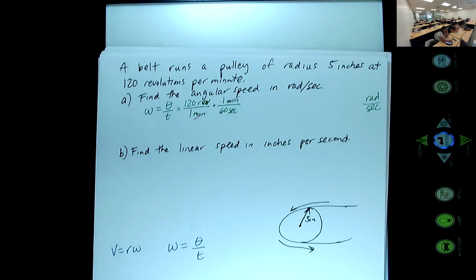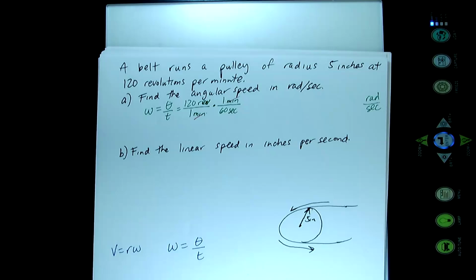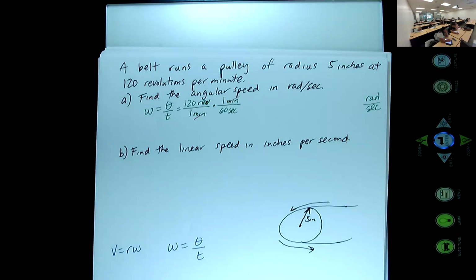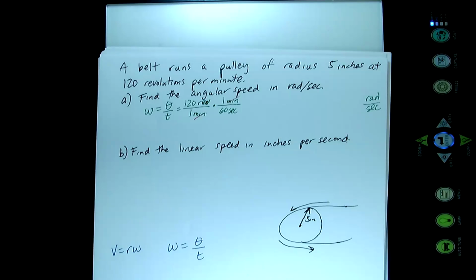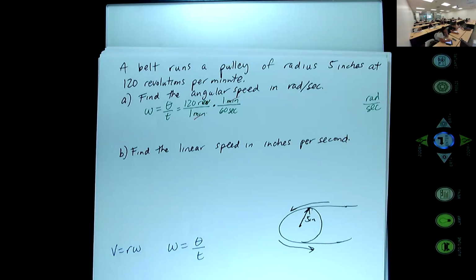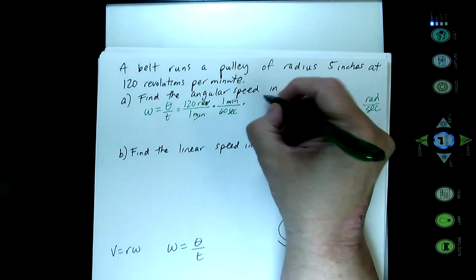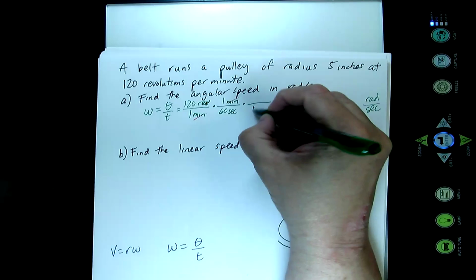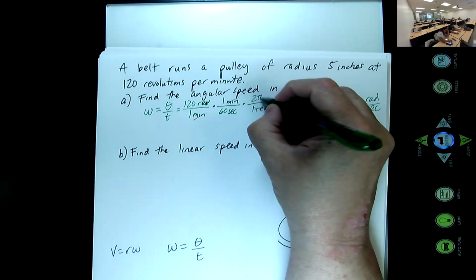A revolution is one full rotation. How many radians is one full rotation? If we go full circle, how much is the angle? It's 360 degrees, but in radians, it's 2 pi. So one revolution is 2 pi radians.